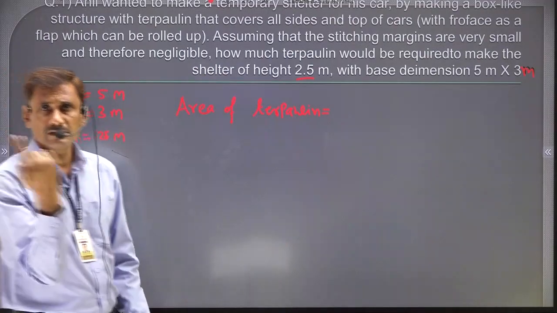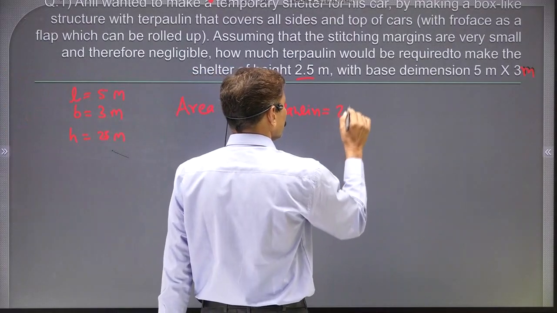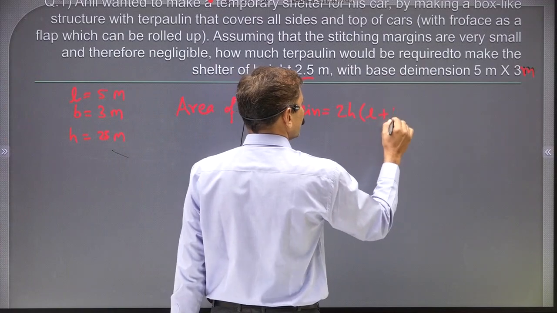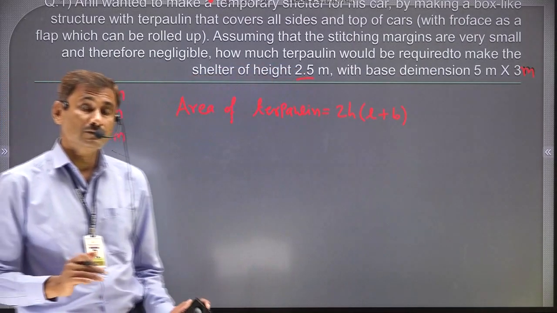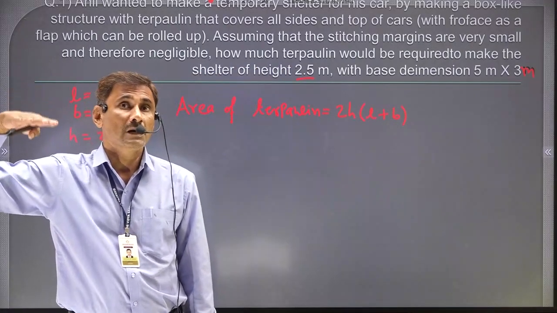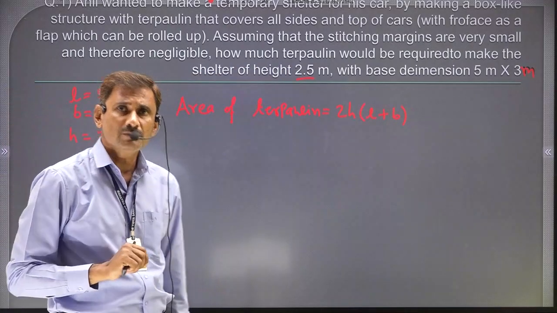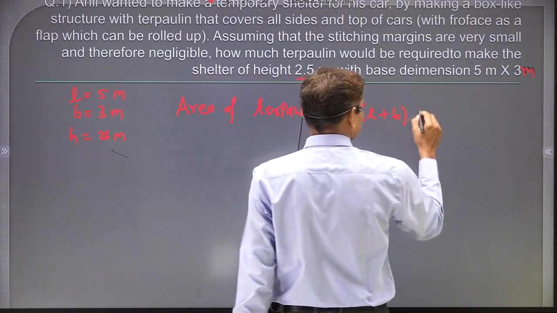First of all, the lateral surface area. We have that formula 2H(L plus B), plus something should be there, that top part, the top surface. So it will be L into B.